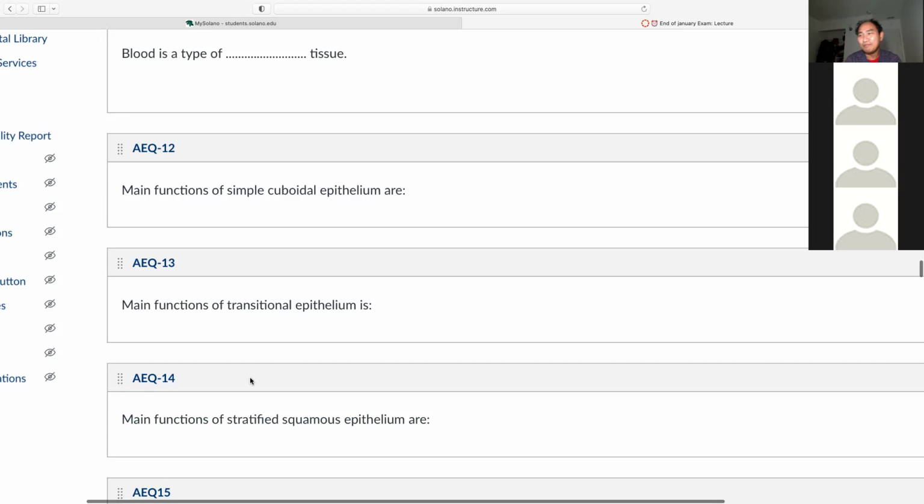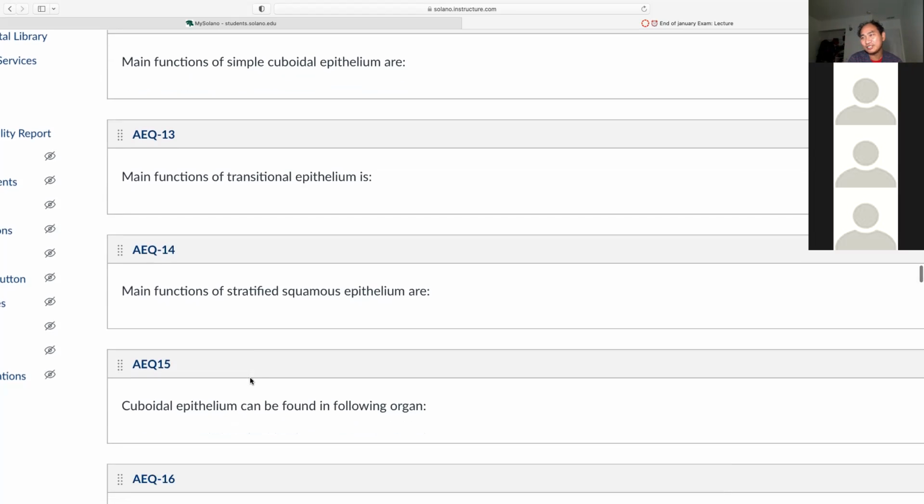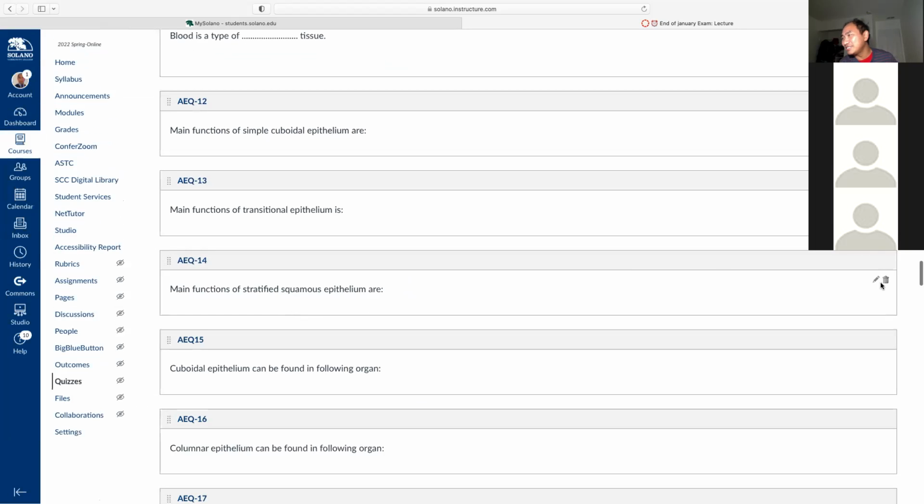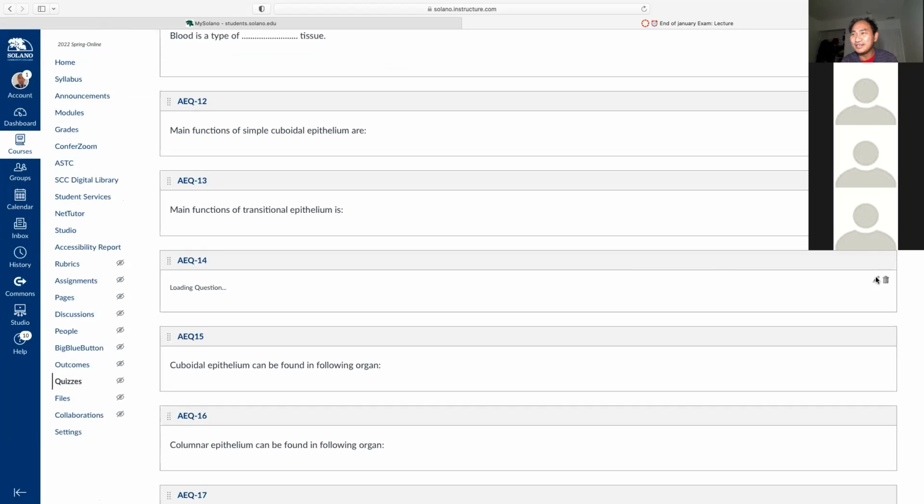So the main function of the stratified squamous epithelium is protection. Would it be secretion and absorption also, or mainly diffusion? Let's see what I have written here.